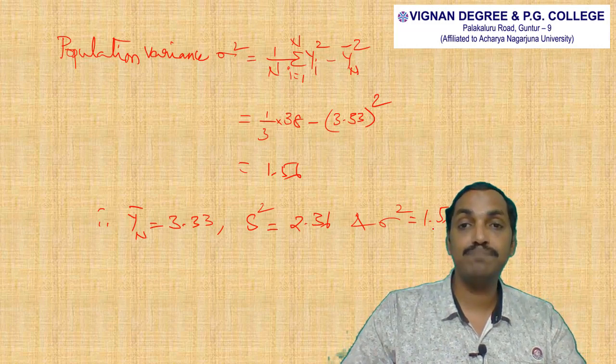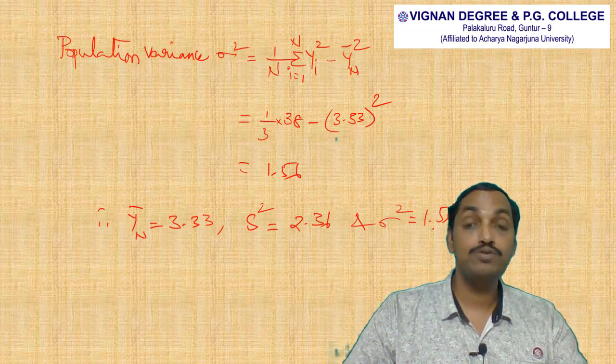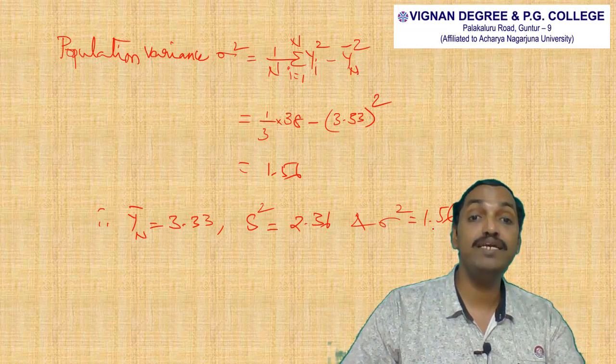First, we need to draw the samples of size 2 using simple random sampling with replacement.